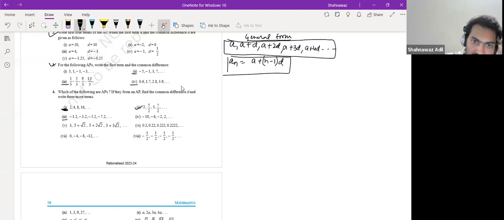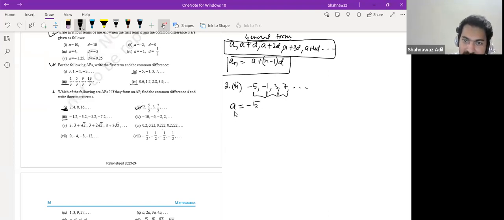Okay, so I will try this second question. -5, -1, 3, 7. We have to calculate this D, so we just subtract the subsequent terms. If the common difference is the same, then that is the AP. So A is how much? This is -5.